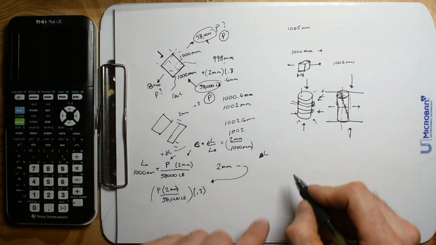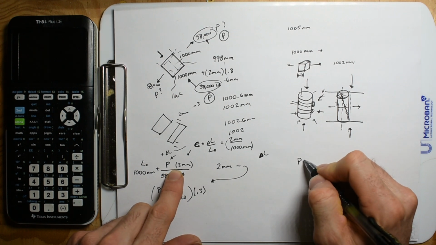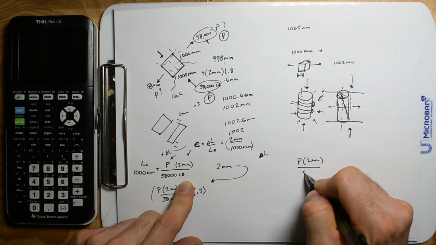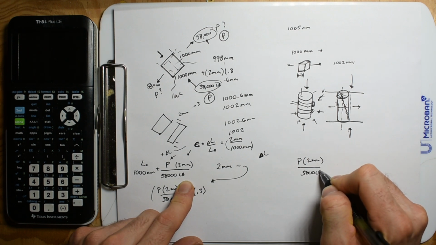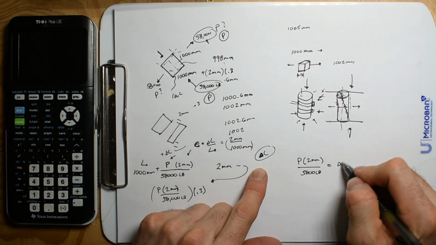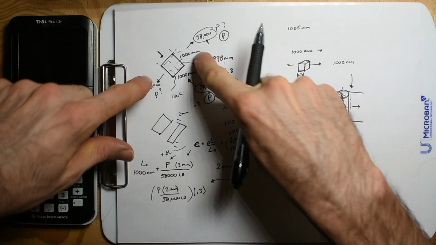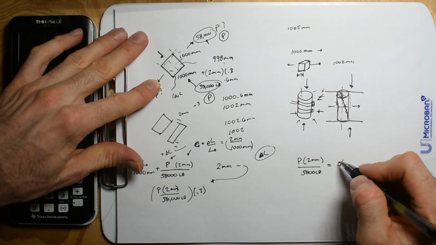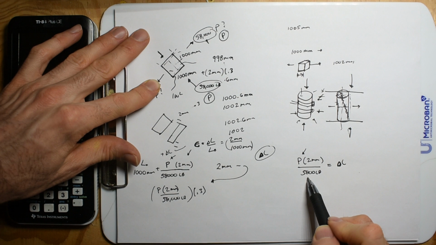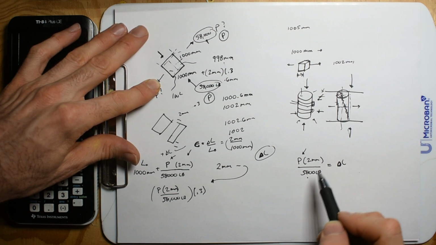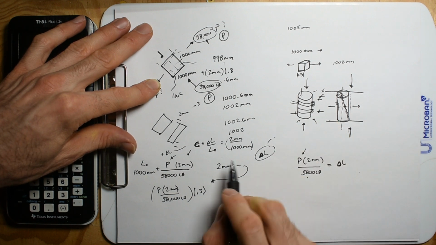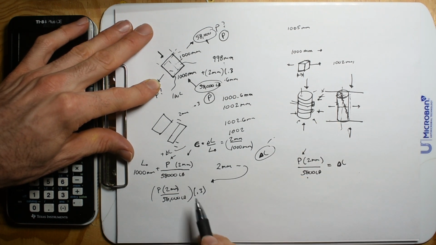So that means that if I do have a load P, and then we have 2 millimeters by 58,000 pounds, this is going to equal that change in length. Because we're in tension, and so we have that load, it's less than 58,000, but this number is going to be less than 2. It's 2 millimeters minus.